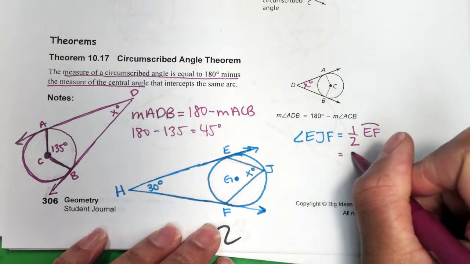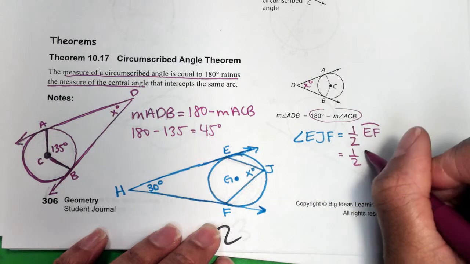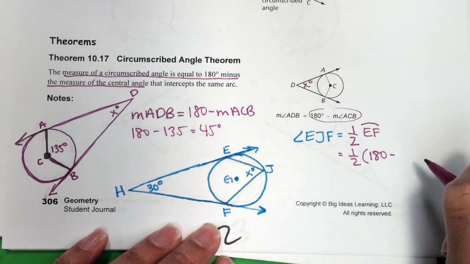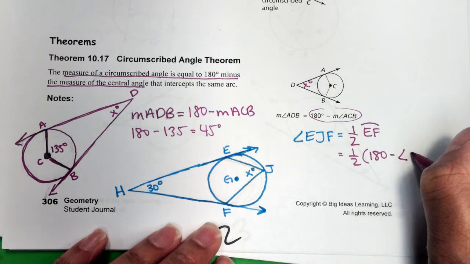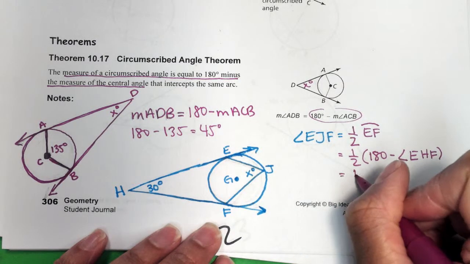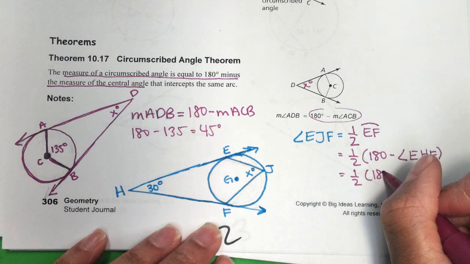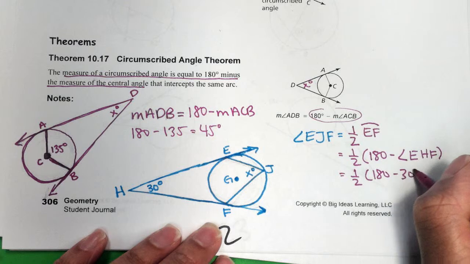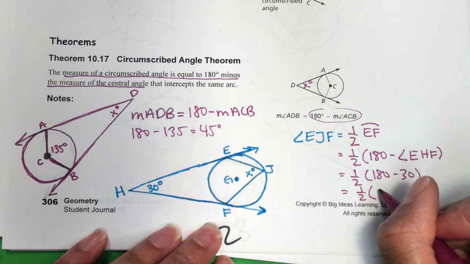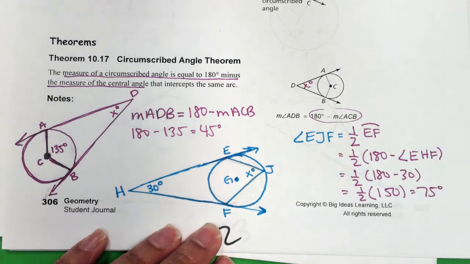But EF's arc is coming from here. So I'm going to take 1/2 of 180 minus the angle of HF. And so I have 1/2 of 180 minus 30, which gives me 1/2 times 150, which gives me a solid 75 degrees.